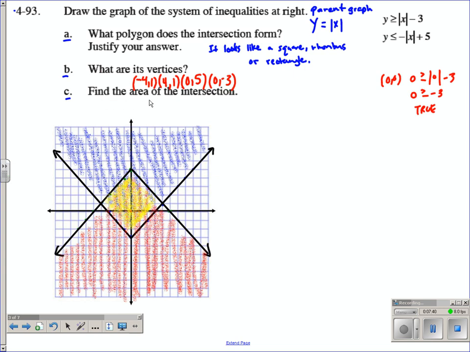It says find the area of the intersection. Well, in order to find the area, we're going to have to know the lengths of the sides. A couple ways that could be done. You could use your ordered pairs that you have here, find the distance using the distance formula, or I'm going to look at it kind of from the Pythagorean theorem perspective.